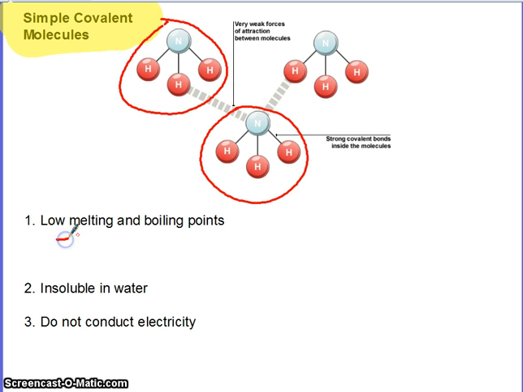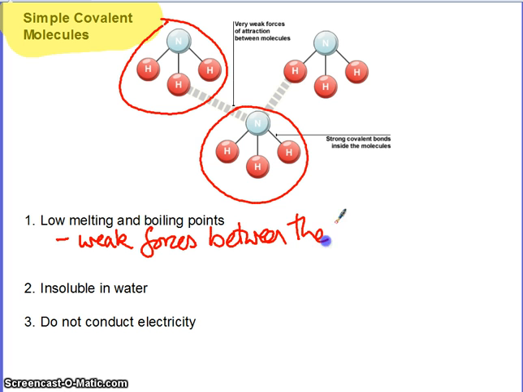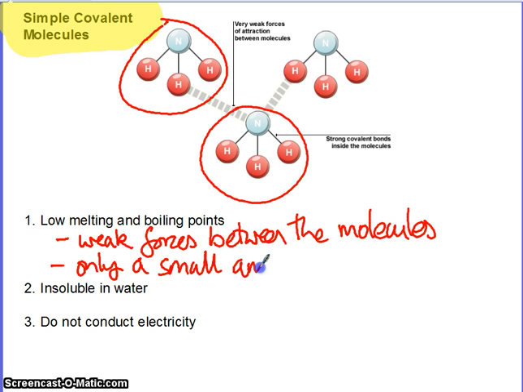And the reason being is because of the weak forces between the molecules which are there. So only a small amount of energy is required to overcome the force.